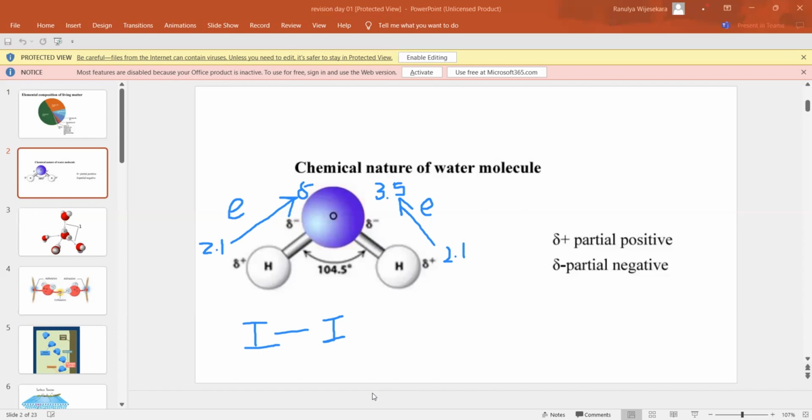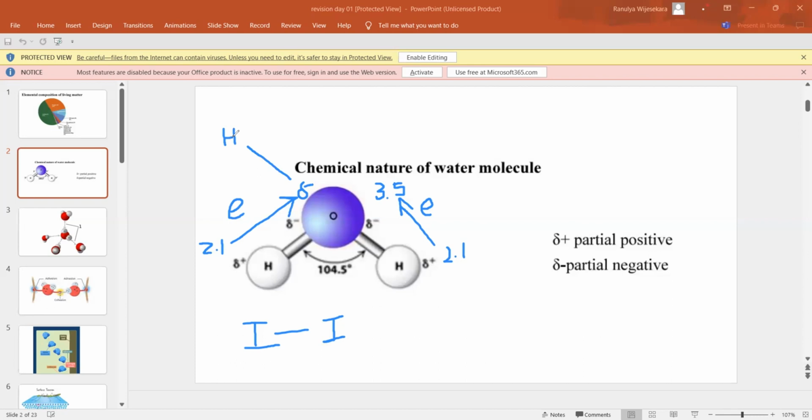Due to the negative charge on the oxygen atom, it can form another bond with a positively charged atom. If you take a glass of water, there is not only one water molecule, there are lots, a large number of water molecules, and they are attracted to each other.